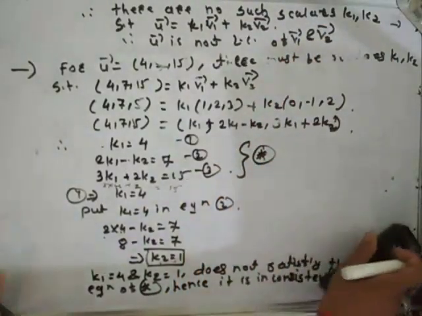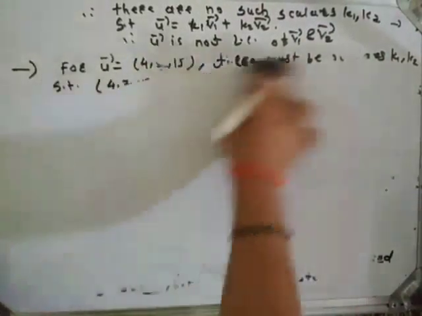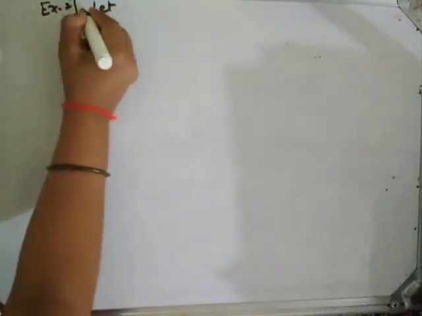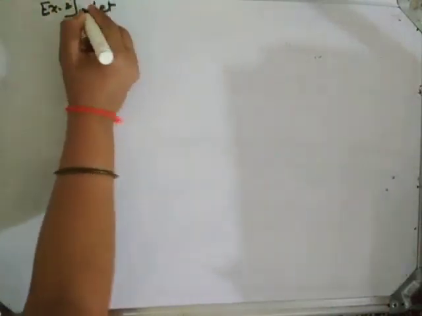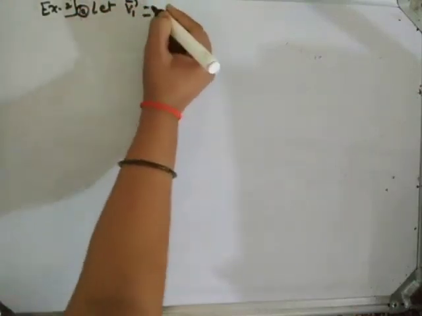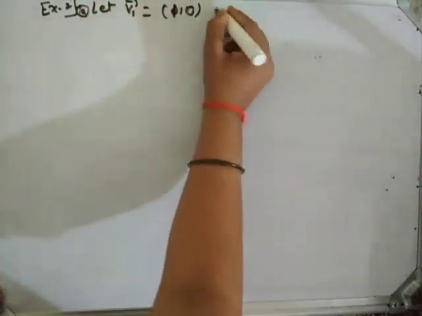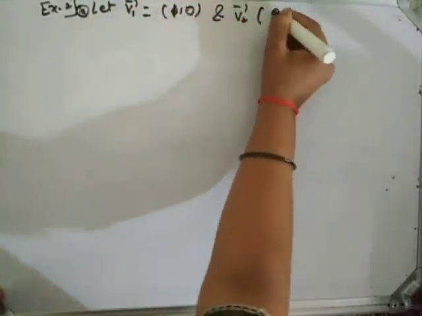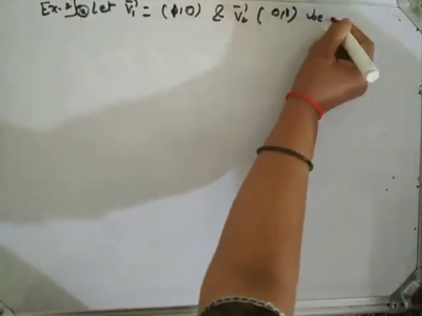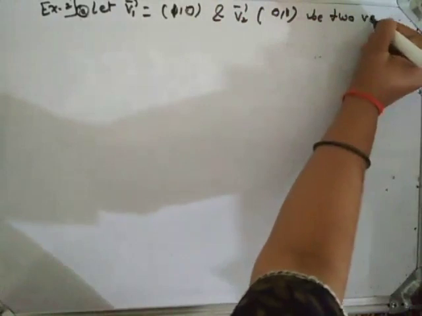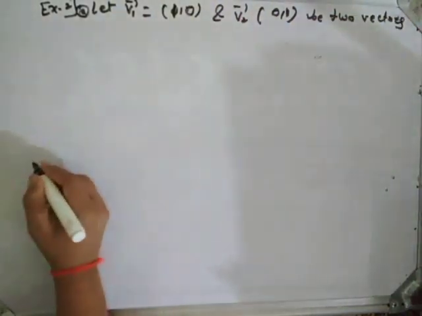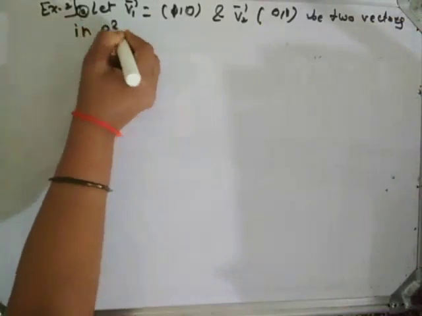Okay, I hope all of you understand how to solve the problems of linear combination. Okay, let us see one more example. Example 2. Let v1 bar be the ordered pair (1, 0) and v2 bar be the ordered pair (0, 1), two vectors in R2.